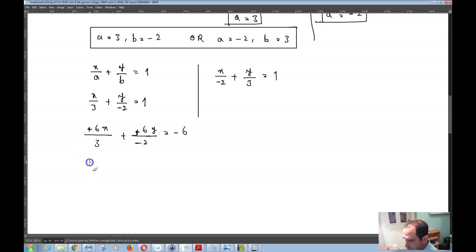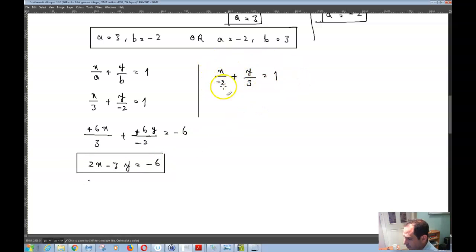So 6 divided by 3 is equal to 2x minus 3y is equal to 6. So that's one equation that you could have.